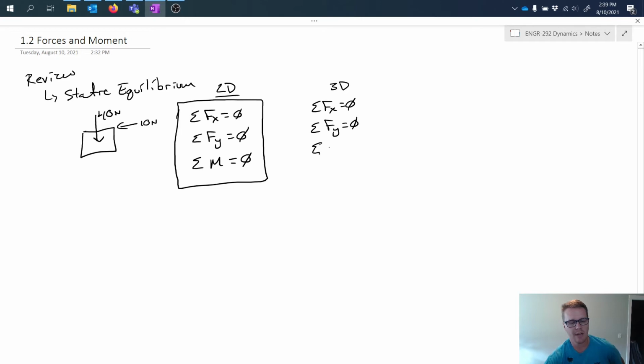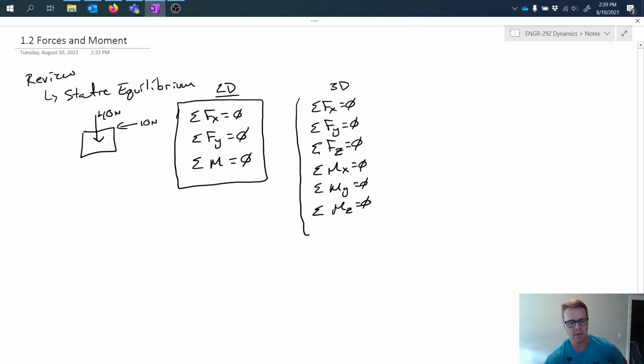And now I would add to it a summation of forces in that third direction, often called z. And my summation of moments now gets a little messier as well, in that I can sum around the x-axis, sum the moments around the y-axis, and sum the moments around the z-axis.